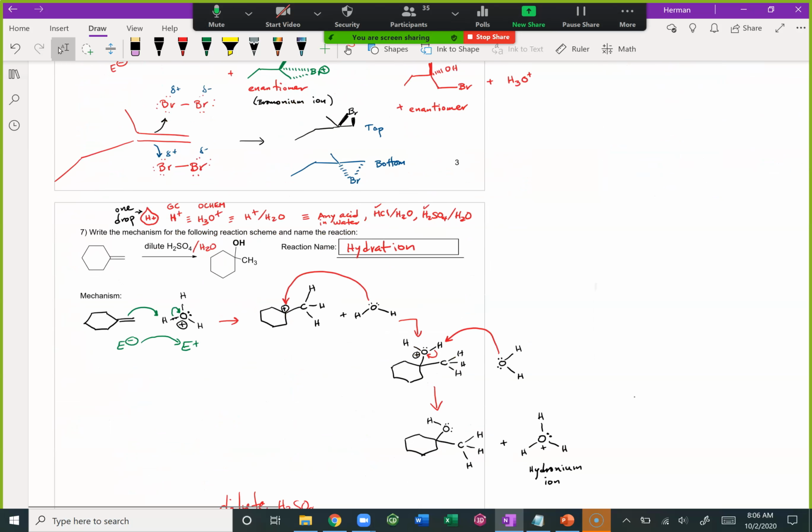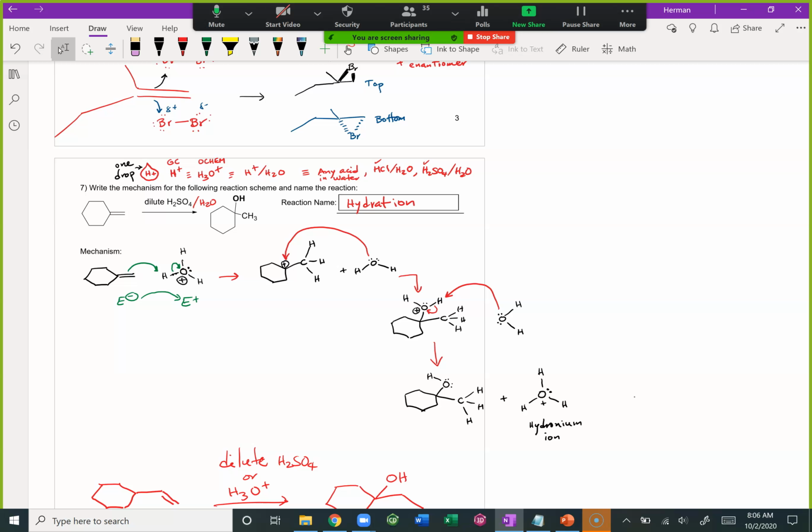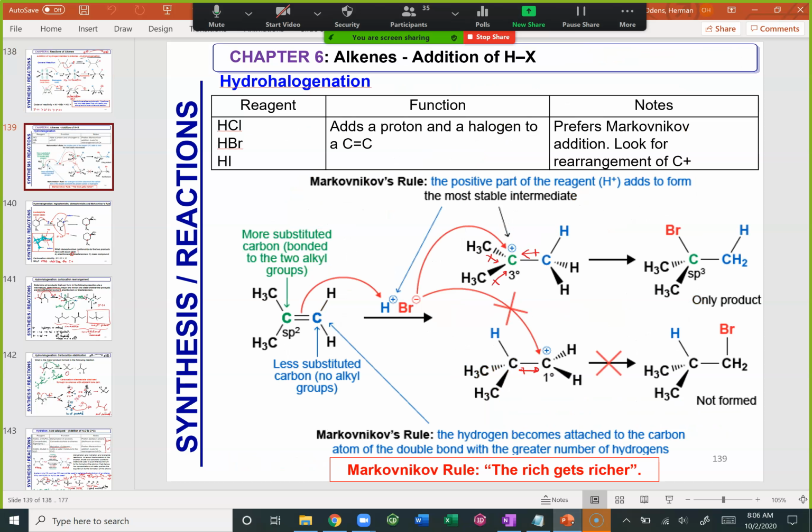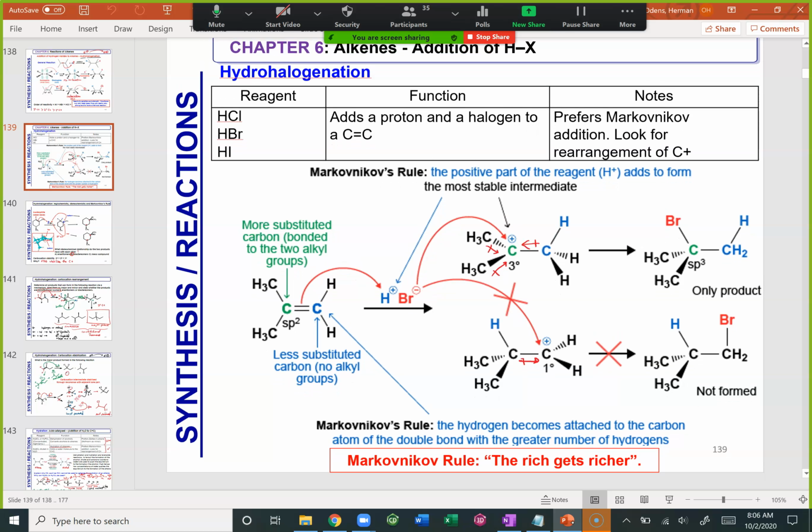All right. And chapter 6, let's take a walk through chapter 6 real quick. Let's take a look at the mechanisms we have. I haven't counted them, but you're supposed to know them all. So here's hydrohalogenation. That's the mechanism for hydrohalogenation.